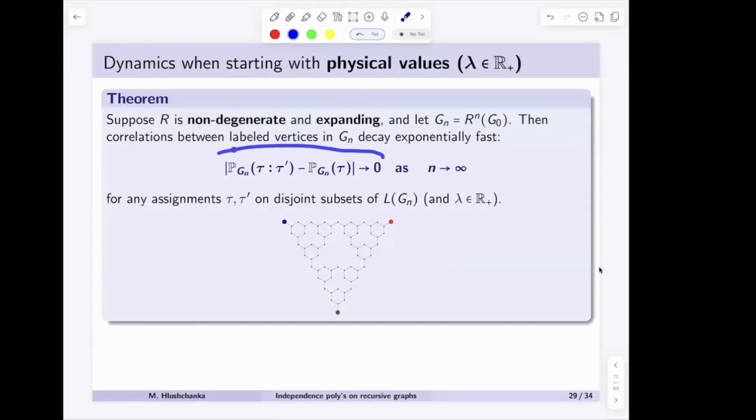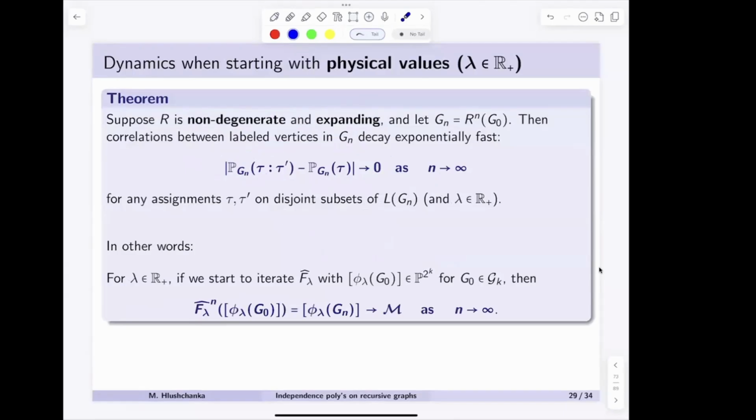So if lambda is a positive real number and we start our iteration from the coordinates that correspond to the subpartition function of some graph G naught, we iterate the function and converge to the invariant manifold. This theorem tells us what happens with the physical parameters.